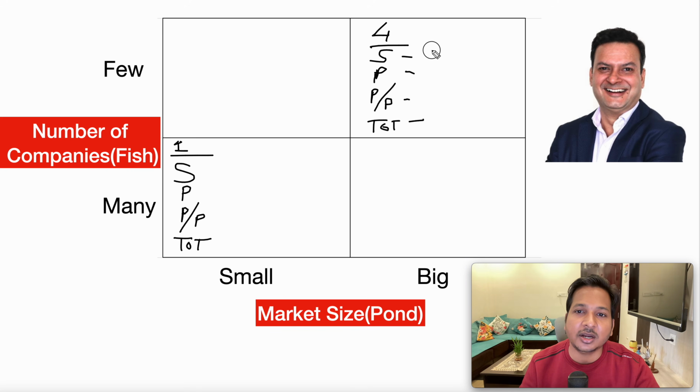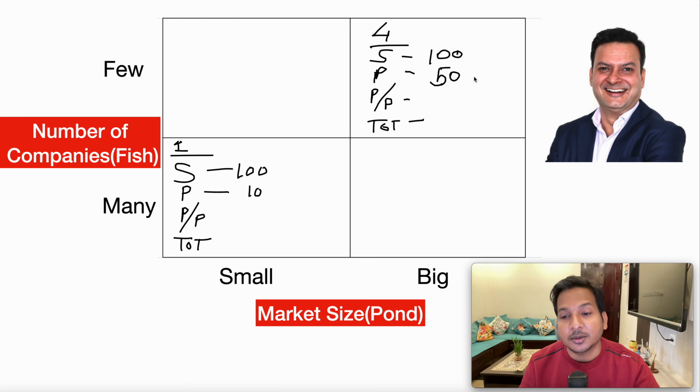So suppose 100 rupees of sales has been done in both these sectors. Now what will be the profit here? 10 rupees, because here pricing power is not there. But here profit will be 50, because I told you, Visa and MasterCard have 50% profit margin. So in 100 rupees of sales, they will get 50 rupees.